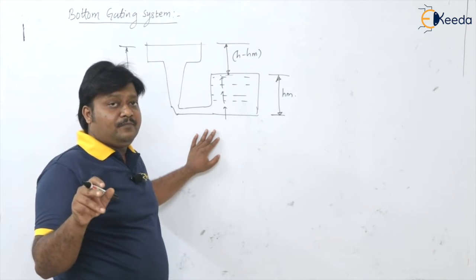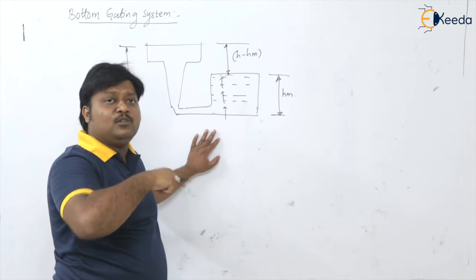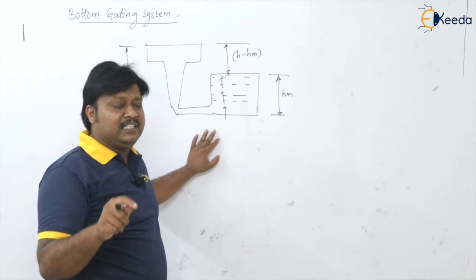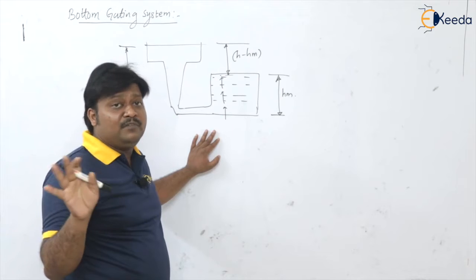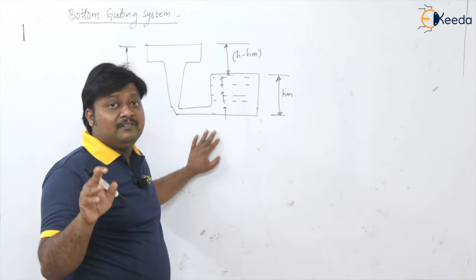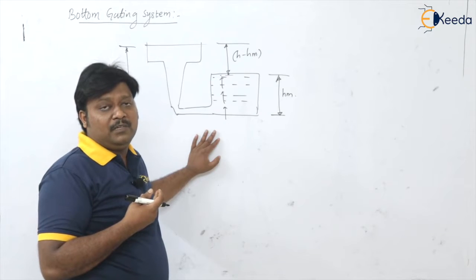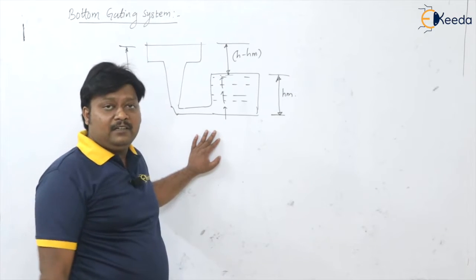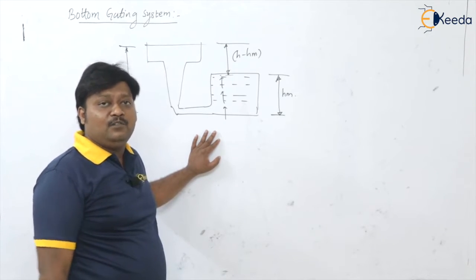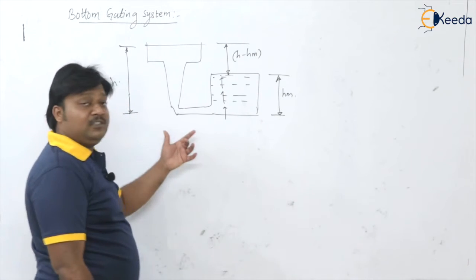In the top gating system, there was a limitation that loose sand mold cannot be filled nicely without sand erosion because of the impact of the molten metal jet. But here we can fill the loose sand mold very easily without sand erosion.